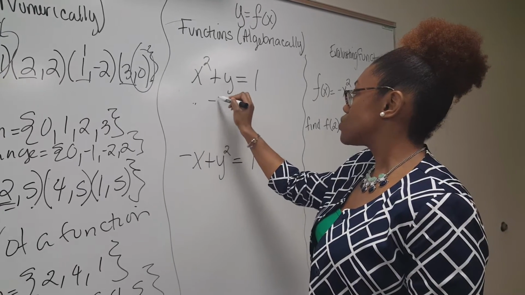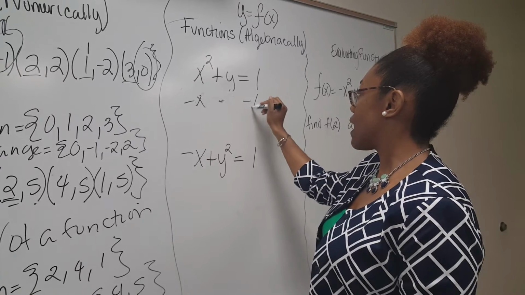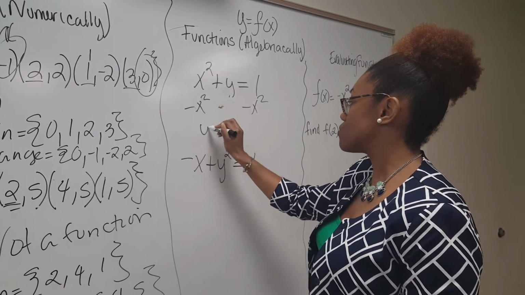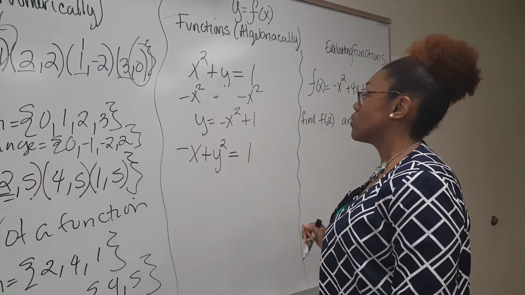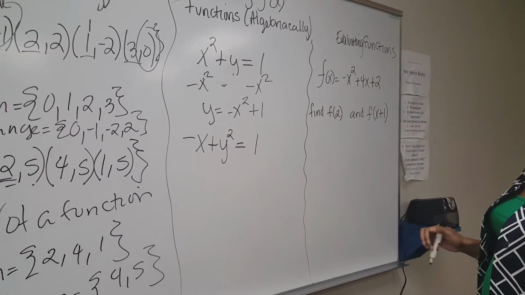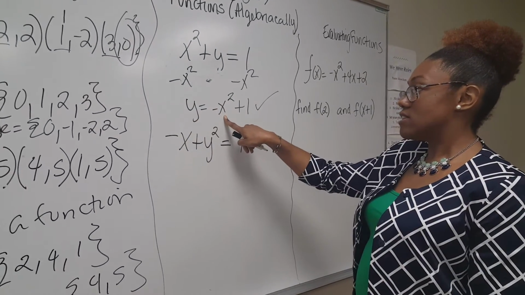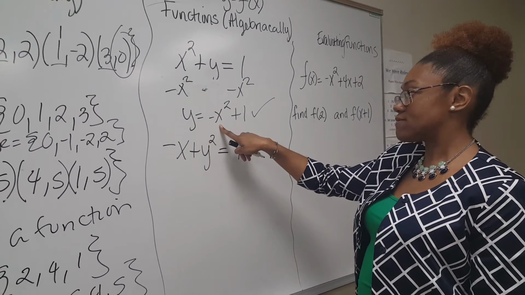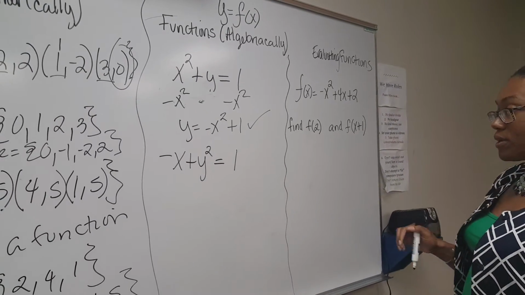So in this case, this would be subtract the x squared from both sides, and y would equal negative x squared plus 1, right? Even though I can put in some x values, I'll get exactly one y value here.